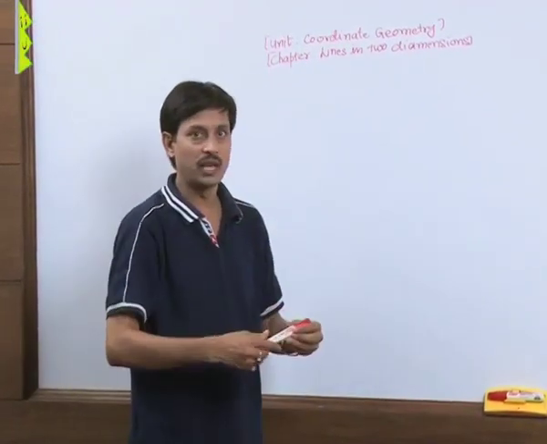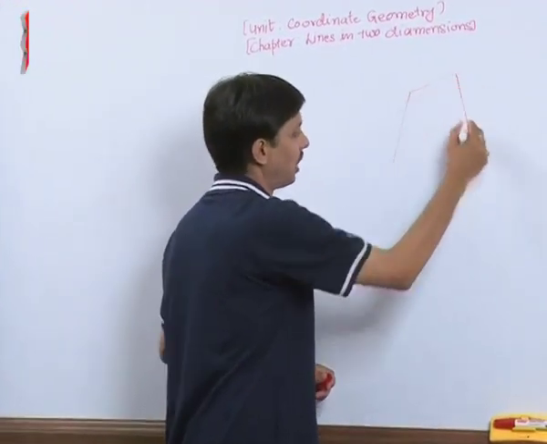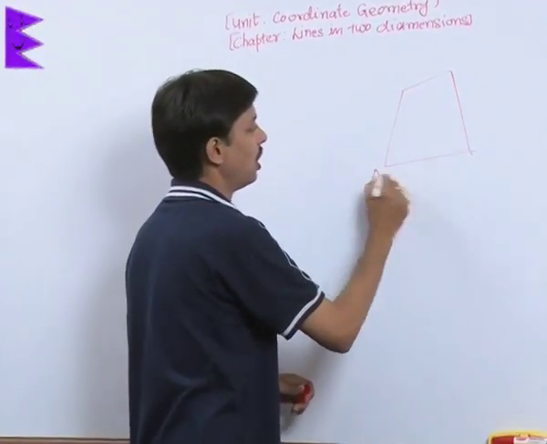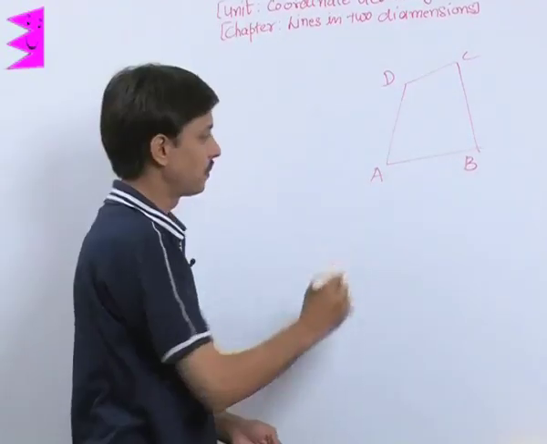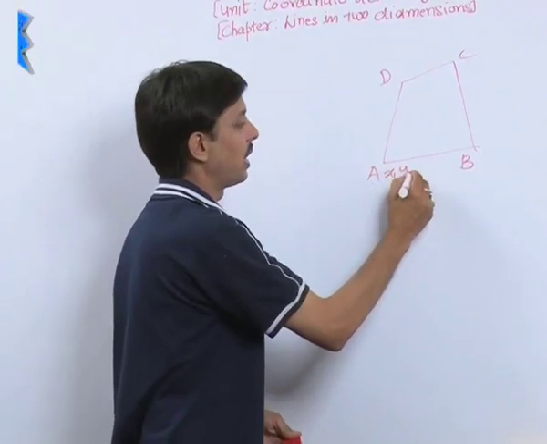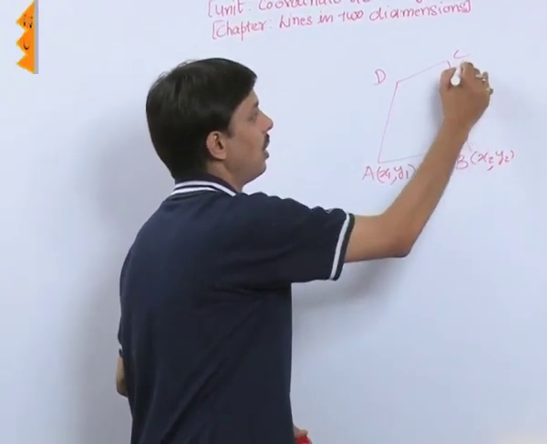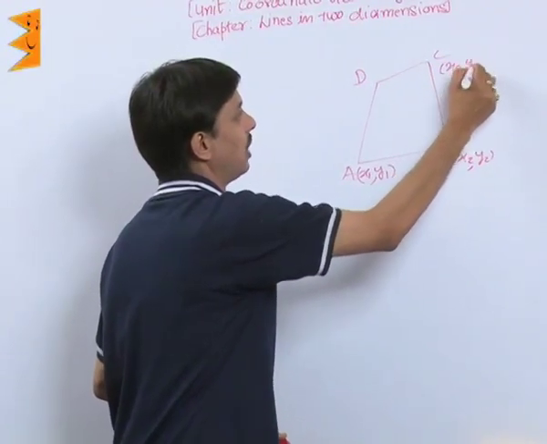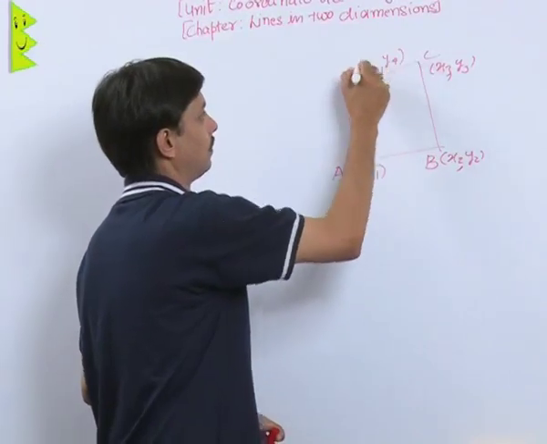Suppose I take an example of any quadrilateral in general. So first of all, I am explaining a general result. Suppose ABCD is any quadrilateral. Its vertices are x1, y1, x2, y2, x3, y3 at C, and the coordinates of D are x4, y4.